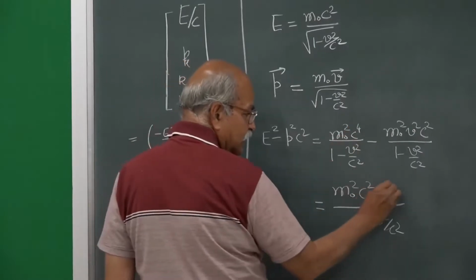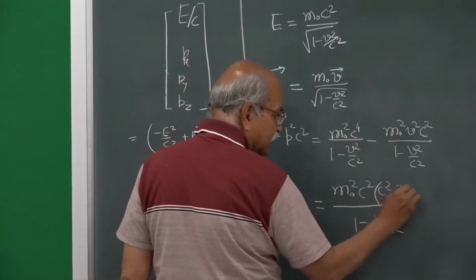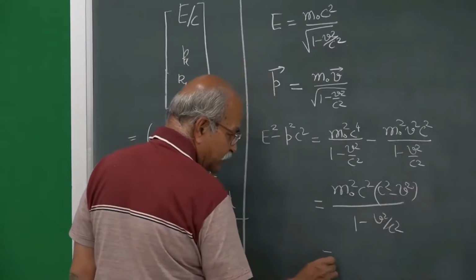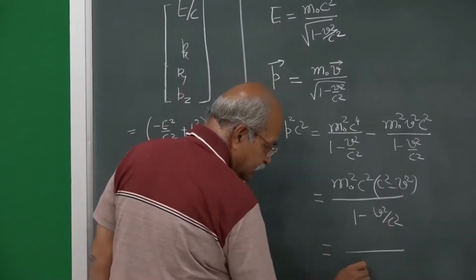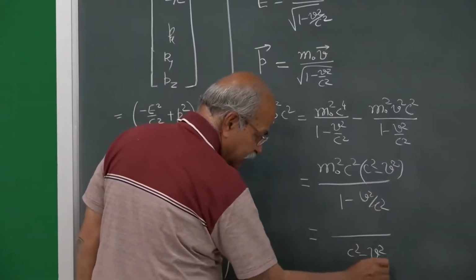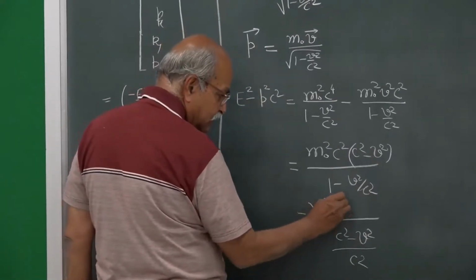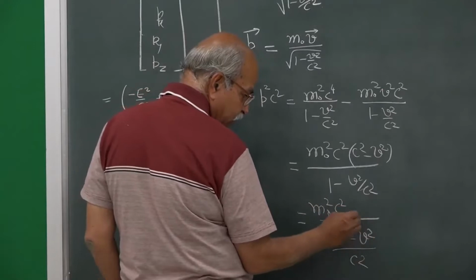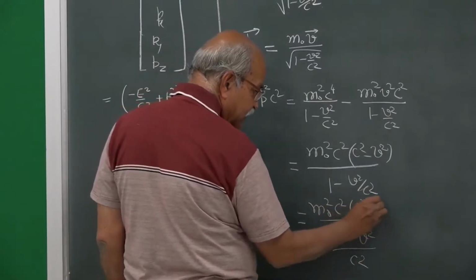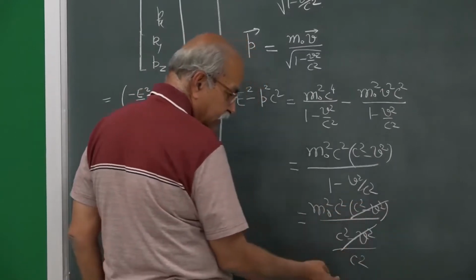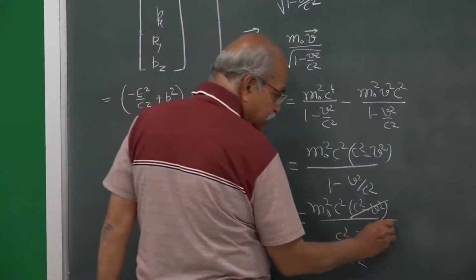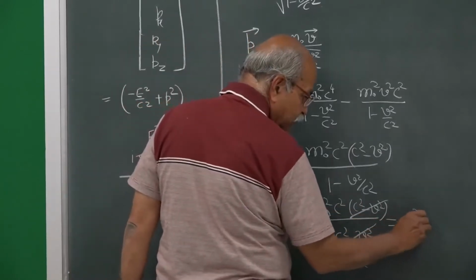So, you will get C square from here and minus V square from here, and this you can write as C square minus V square by C square, and this is m naught square C square, and then you have C square minus V square, cancel this, bring it up, and this is m naught square C4.